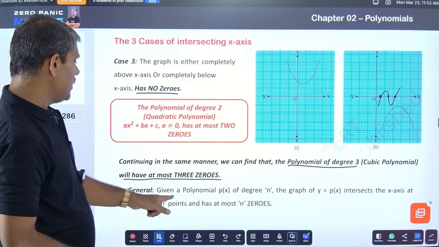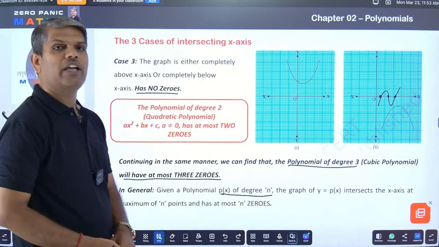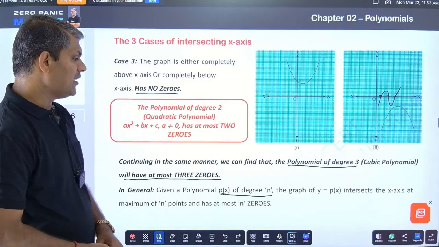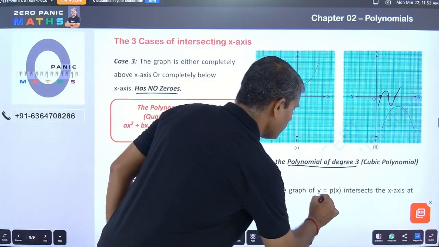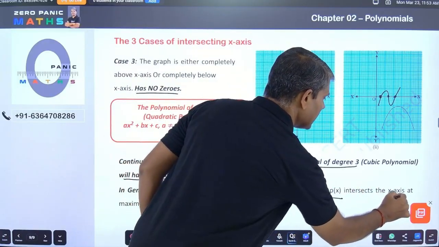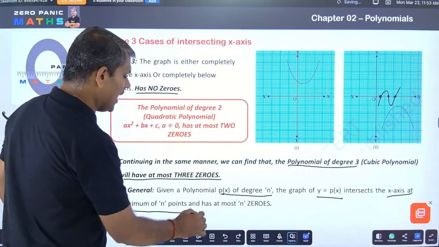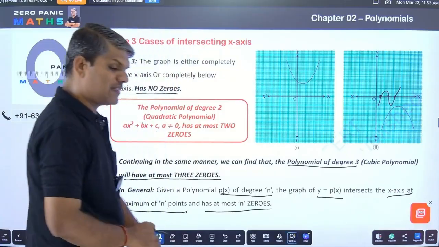So in general, for a given polynomial p of x of degree n, if you plot the graph y is equal to p of x, that is going to intersect the x-axis at a maximum of n points and has at most n zeros.